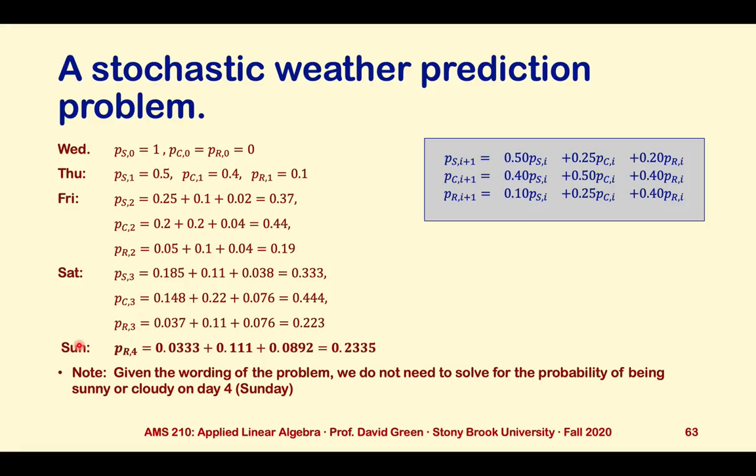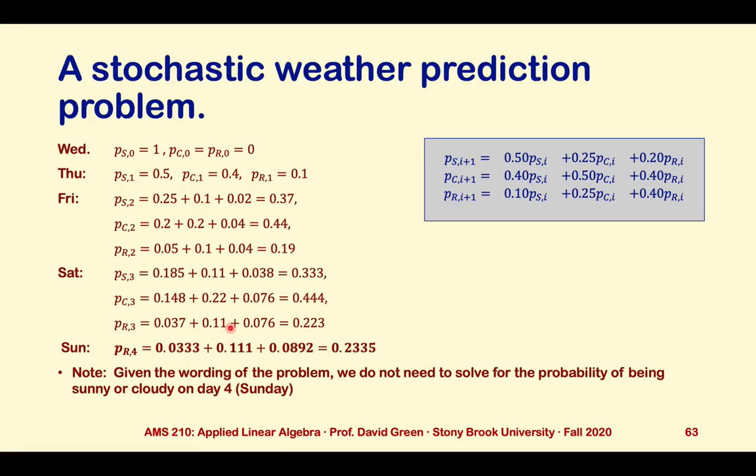I'm only going to calculate the probability of being rainy, which is 0.1. Now using the Saturday or day 3 numbers, 0.1 times 0.333 plus 0.25 times 0.444 plus 0.4 times 0.223 gives us 0.2335.